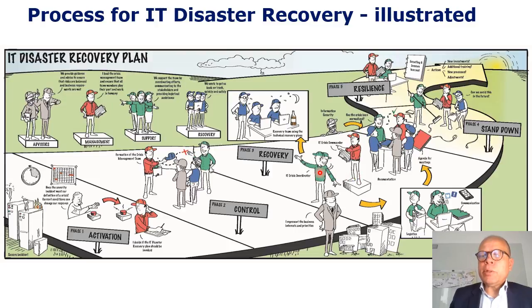All the green people here signify support functions. So they are supporting and making it easier on the IT people. Some of the people in the support functions are out here. So that's communication for one, making sure that all the stakeholders are informed and know what's going on.